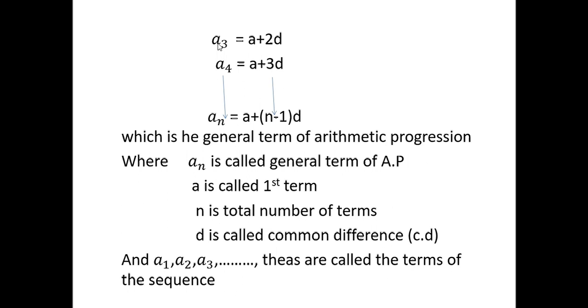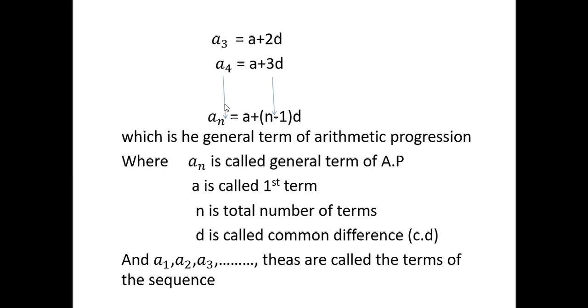Similarly, a3, then coefficient of d is 2, which is less than 3. a4 has 3d, which is 1 less than 4. So in general, if there is n, there will be n minus 1. So the general term an equal to a plus n minus 1 into d.